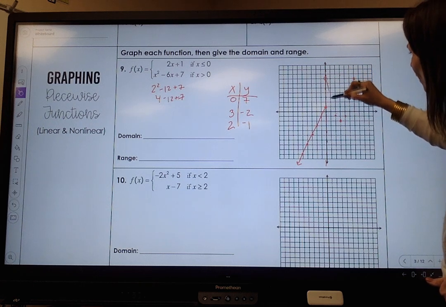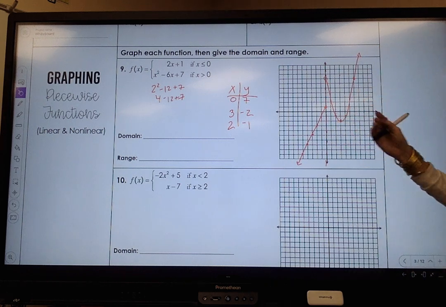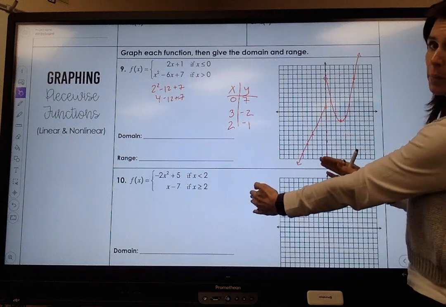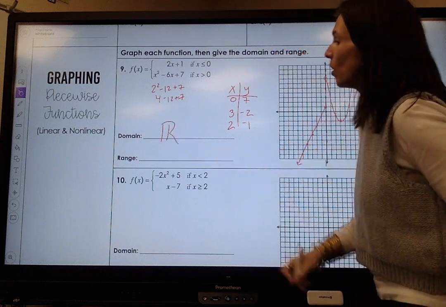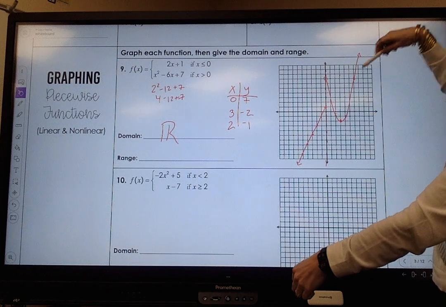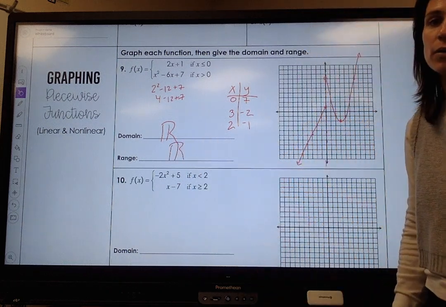And so now I've got these points that I can use right here. And it goes all the way up. So that's what my graph looks like. How far left does it go? It goes forever on my piecewise function, and it goes forever on the right-hand side. So my domain is all real numbers. What is my range? It's going to go down forever, and it's going to go up forever. So all real numbers is my range.